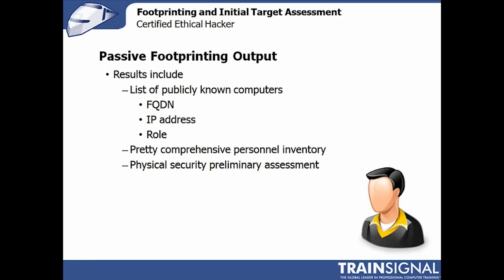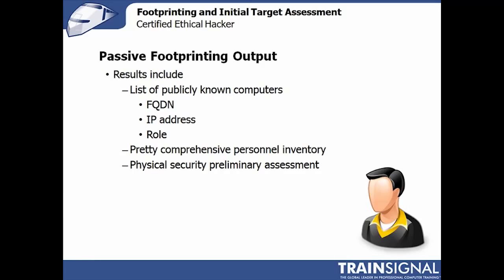The output of all this passive footprinting is a pretty rich bit of information. It's typically a list of publicly known computers, so fully qualified domain names of systems, IP addresses of systems, their roles, for example, DNS servers, email servers via MX records, all kinds of different bits of information. A fairly comprehensive personnel inventory with the richness of social networking and social media, photographs and geotagging of photographs.